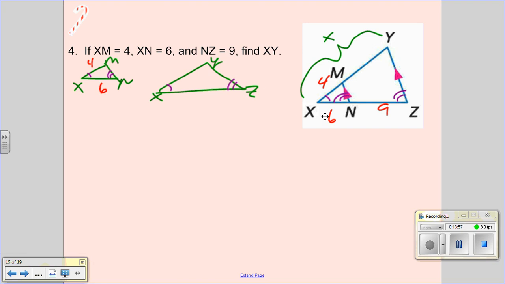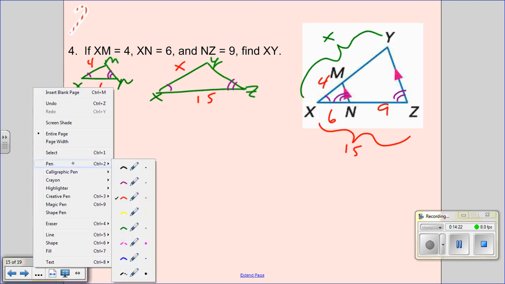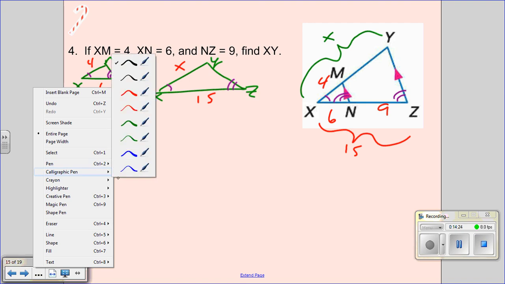Now, it doesn't exactly tell us the distance from X to Z, but you can find it because you simply just need to add 6 and 9 and you get 15. And then again, we're looking for XY, so let's call that x. So now you should be able to clearly see what sides are proportional. What sides are in the same position or marked the same.